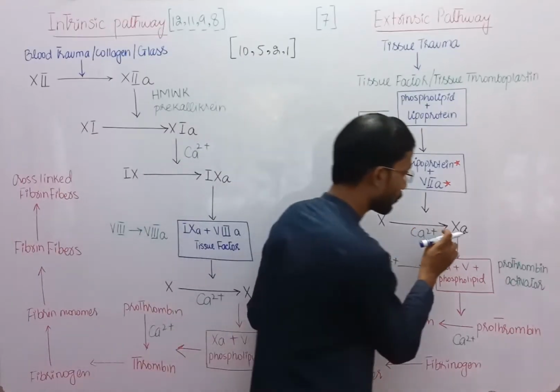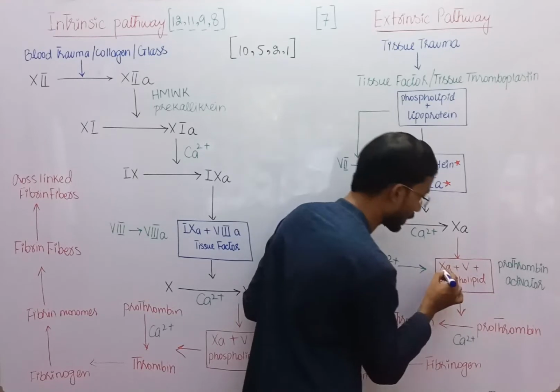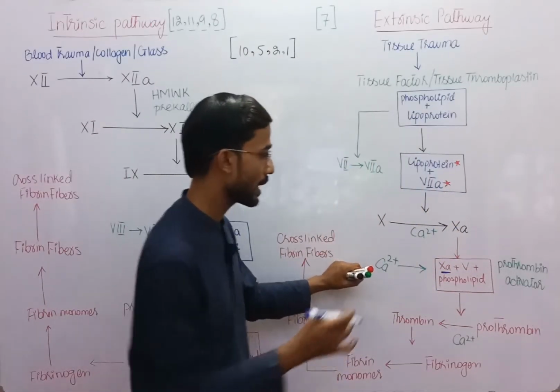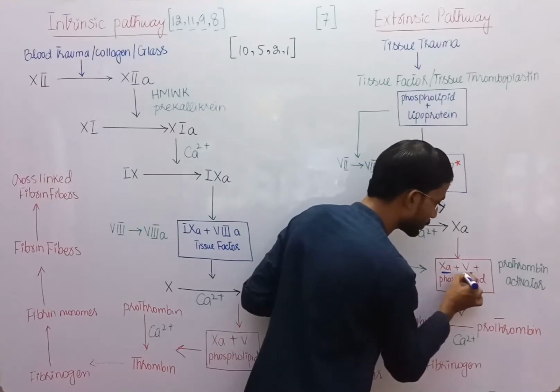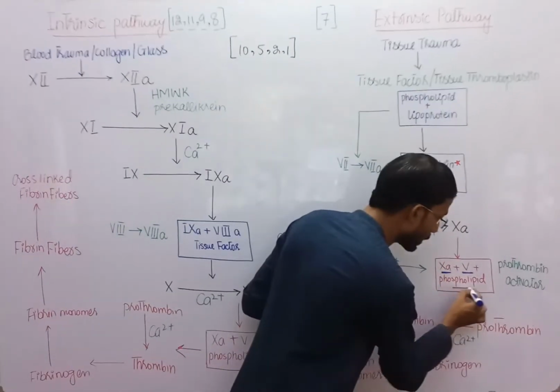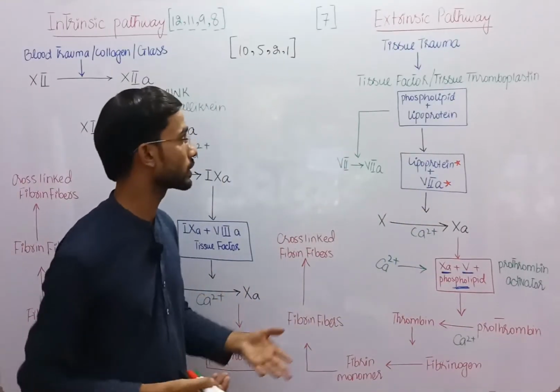So here factor 10 is activated. This prothrombin activator contains activated factor 10, factor 5 and phospholipid. Phospholipids come from two sources.